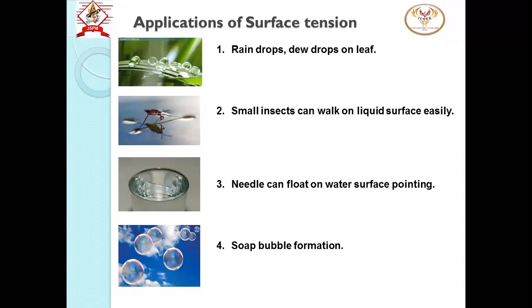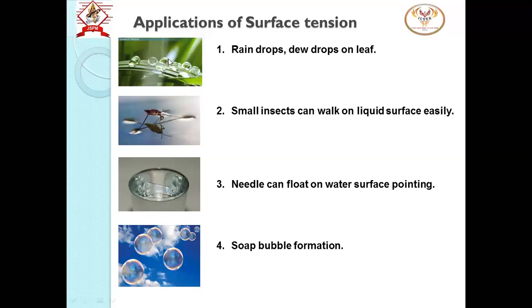Now, what are the applications of this surface tension? As you can see, the first application is related to raindrops or dewdrops. Those are collected on the leaves, in the morning or now in the rainy season. You can see how clever and interesting nature is.